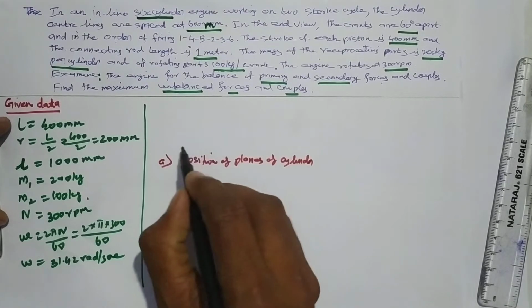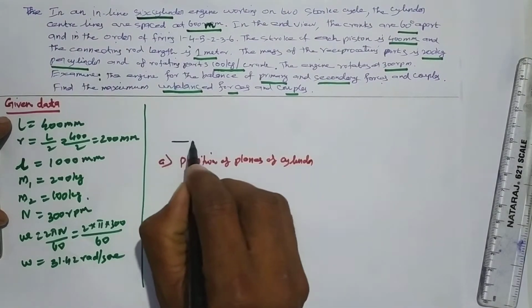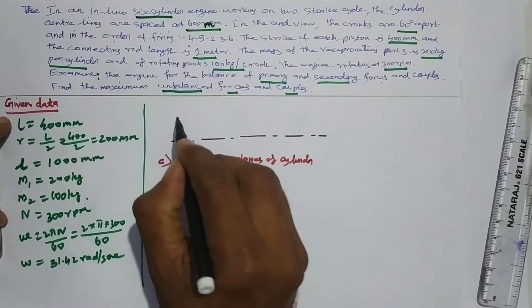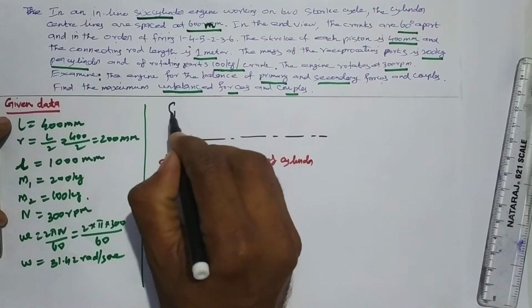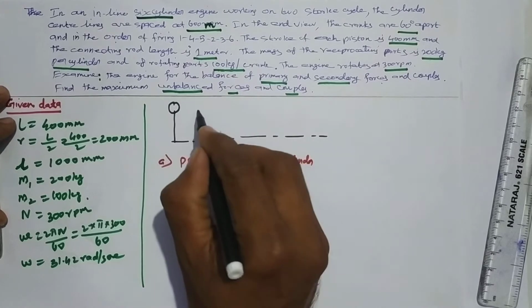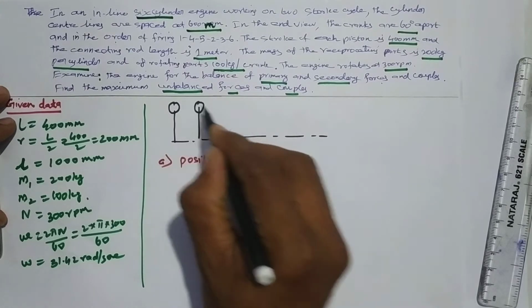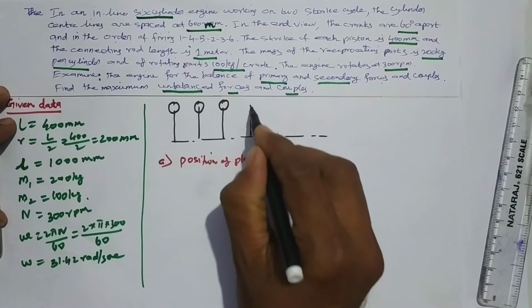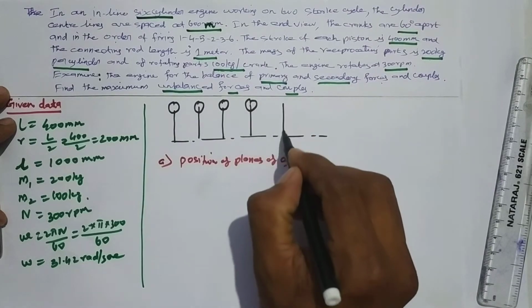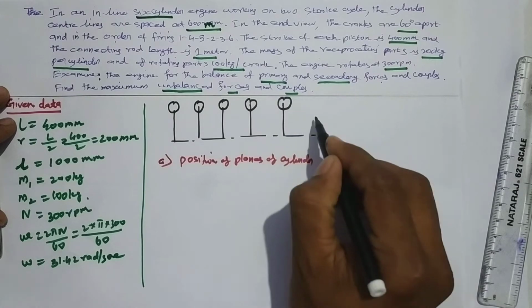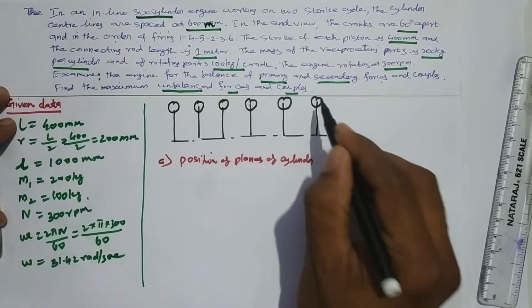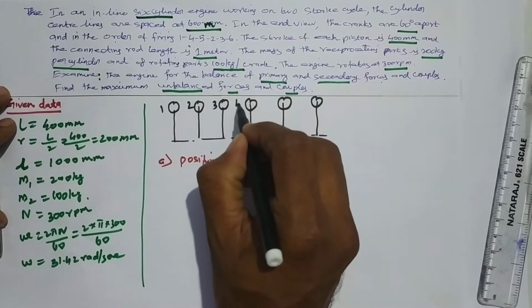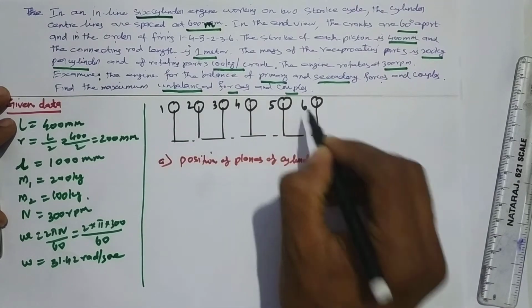There are 6 cylinders: cylinder 1, 2, 3, 4, 5 and 6.